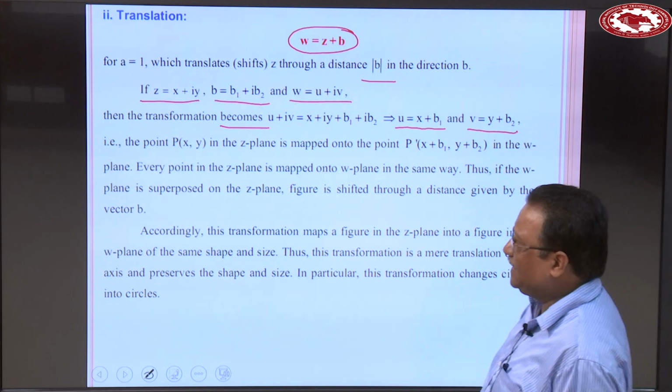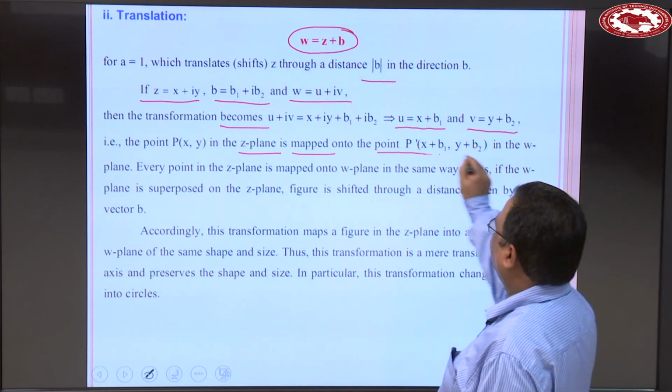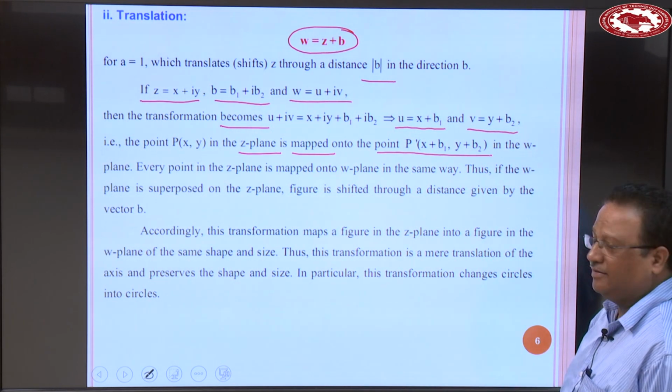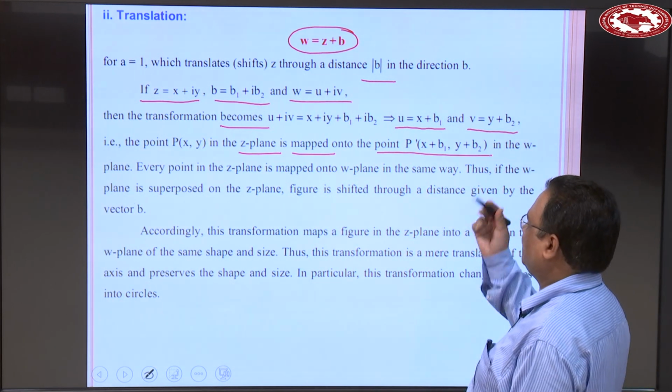That is, the point P(x, y) in the z plane is mapped into the point P'(x + B1, y + B2) in the w plane. Clear? And every point in the z plane is mapped into the w plane in the same way.